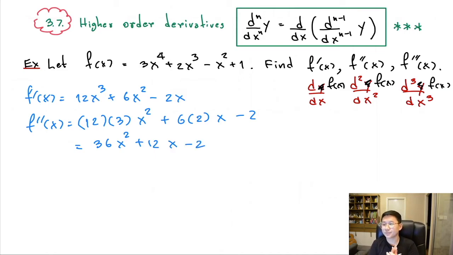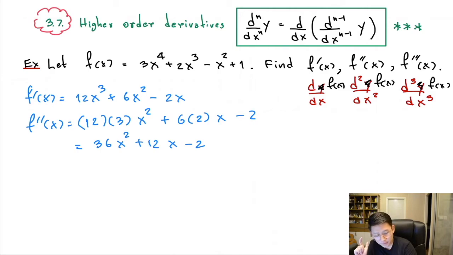It's easy, isn't it? You just differentiate it again, and you can keep differentiating. It depends on how many primes you want for the derivatives. So the second derivative is 36x squared plus 12x minus 2.